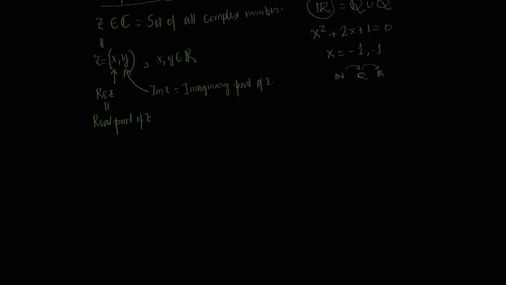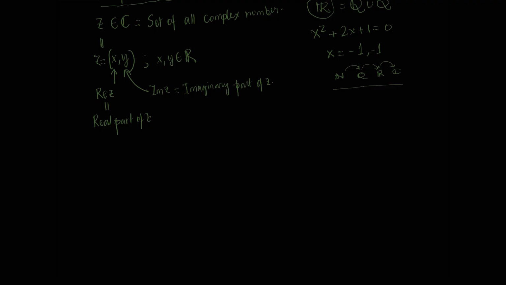And then even R is not enough for all our solutions. So we are going to take R and put some more elements in it, and we end up with C. That's the idea. So C should contain all elements of R. That's the general idea. Clear?